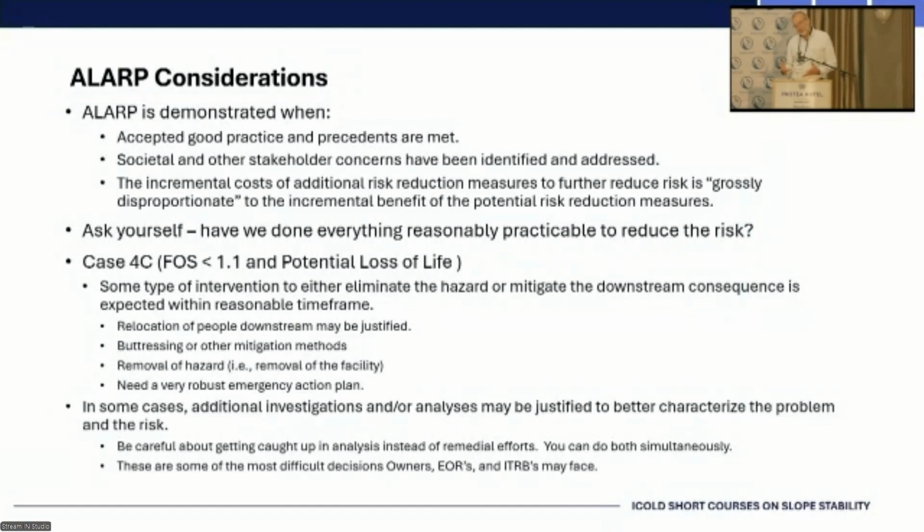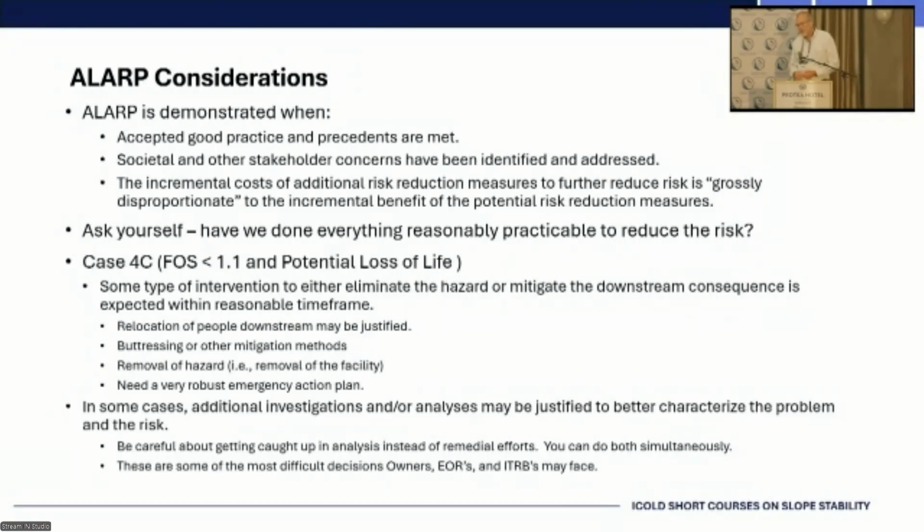So basically, you have three choices. You either eliminate the hazard, which is in essence to remove the dam. Many times that's not practicable. Sometimes it is. It may be a remining effort could be done to actually remove the dam.